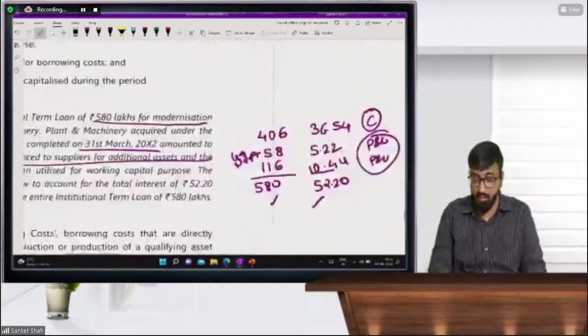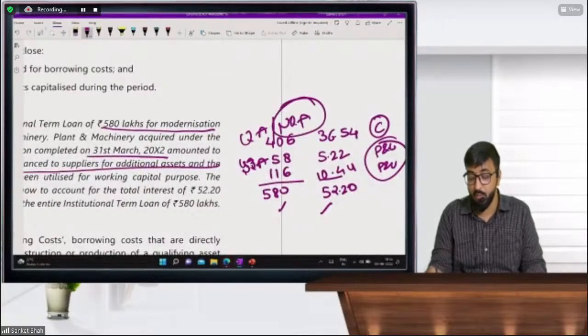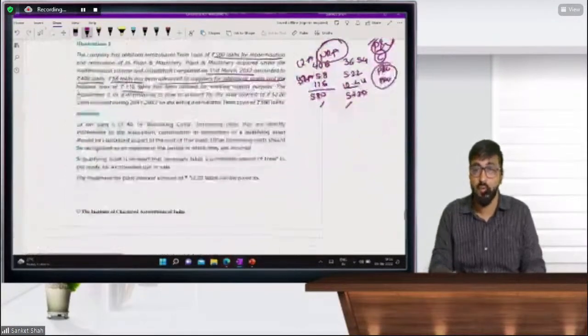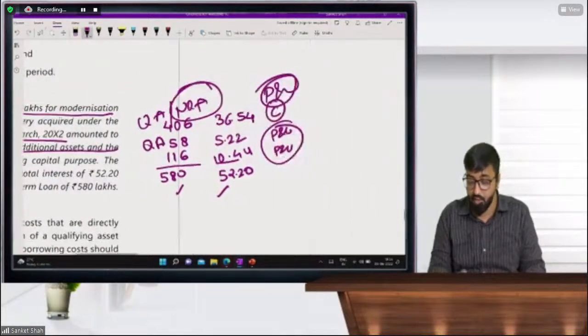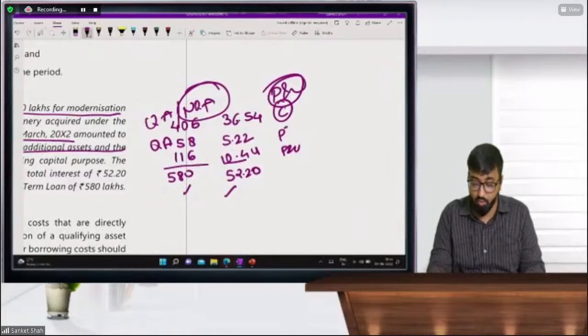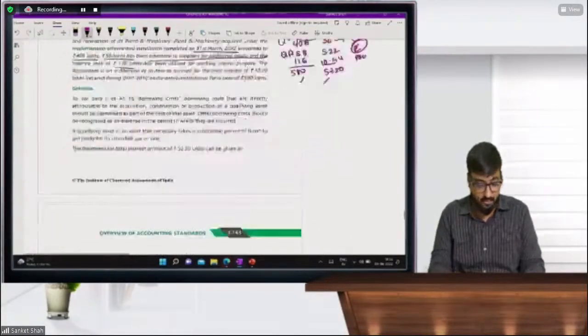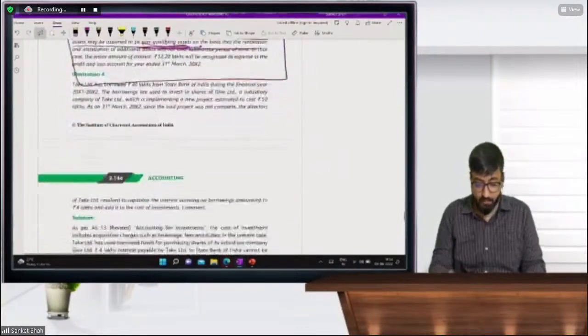And even these assets you may treat as qualifying and not qualifying. If this is not qualifying, then this is also transferred to profit and loss account. So options are given by ICAI, but what is the more appropriate answer by ICAI? The second one is also capitalized, beta. Second one is also capitalized, that additional assets.